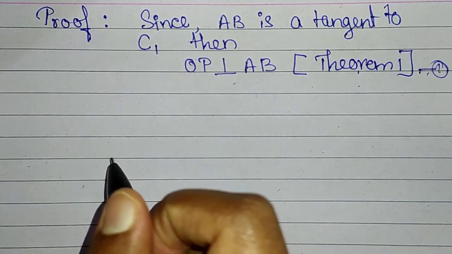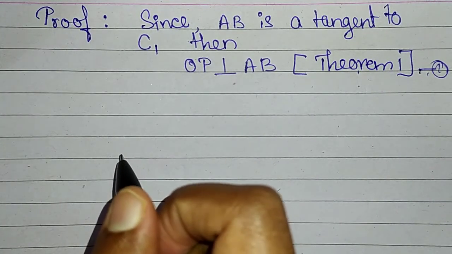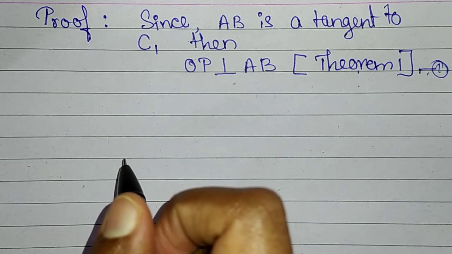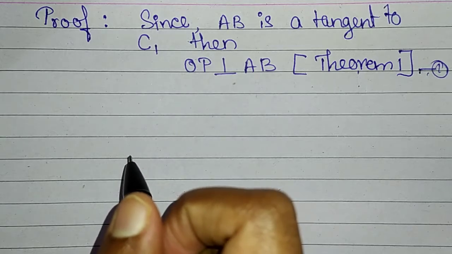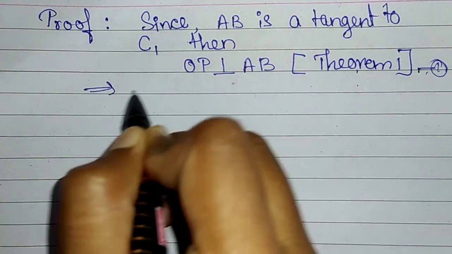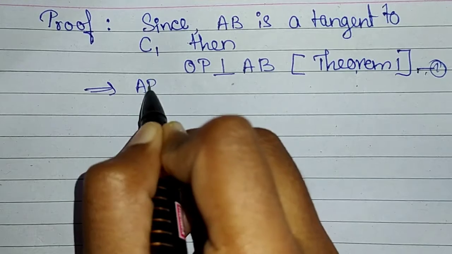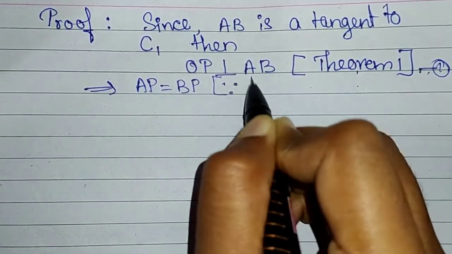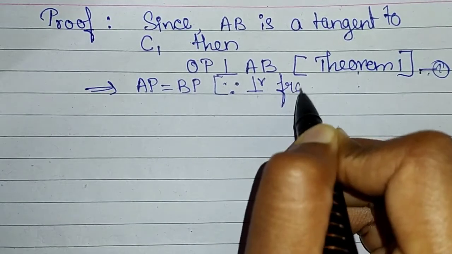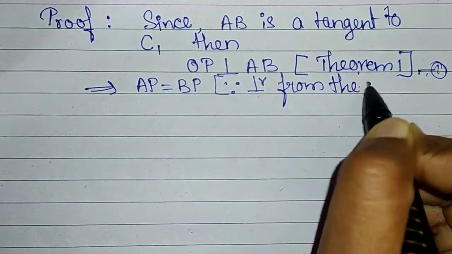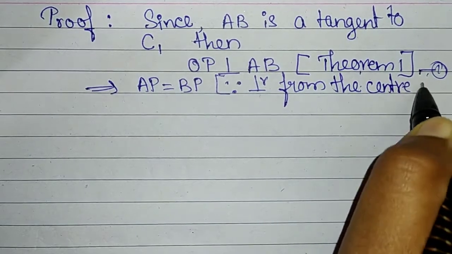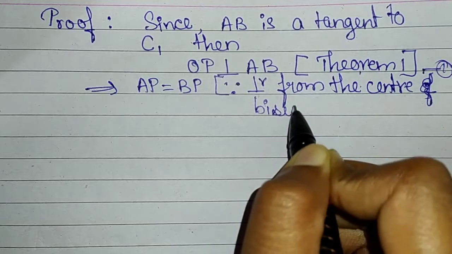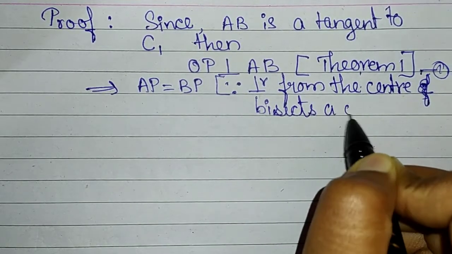In the 9th standard, if you remember, we had a theorem on chords which said that the perpendicular from the center will bisect a chord, right? So this implies AP is equal to PB, because the perpendicular from the center of the circle bisects a chord.